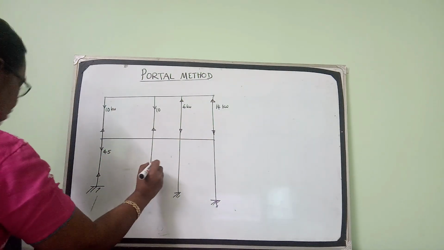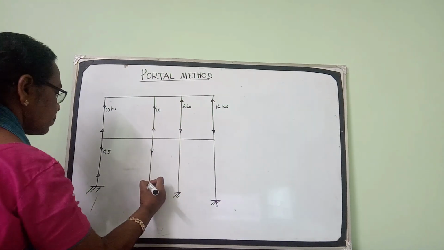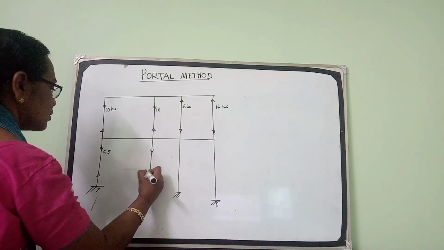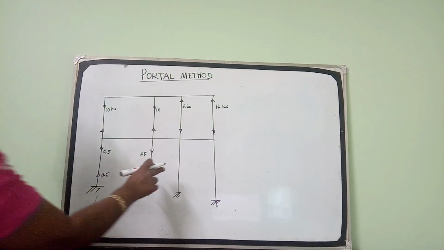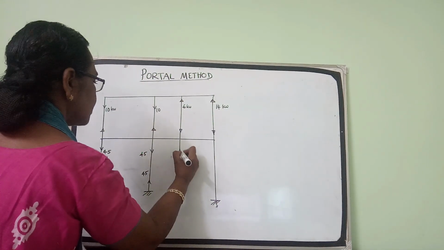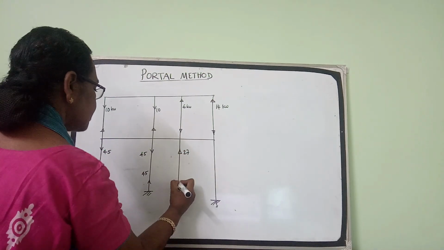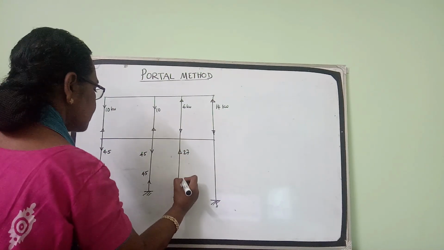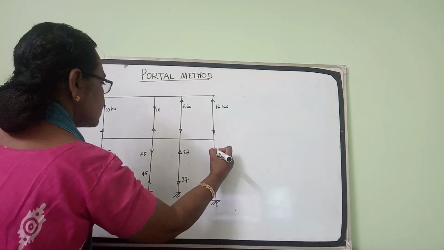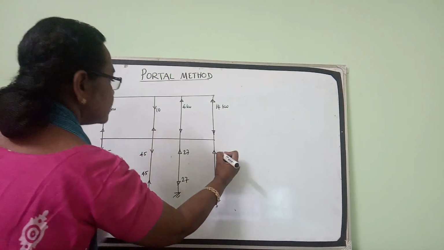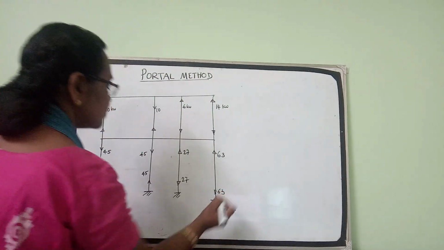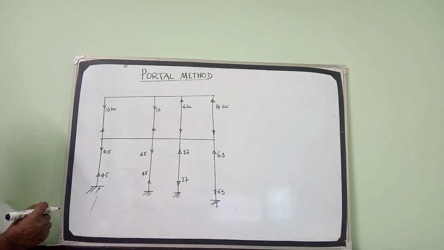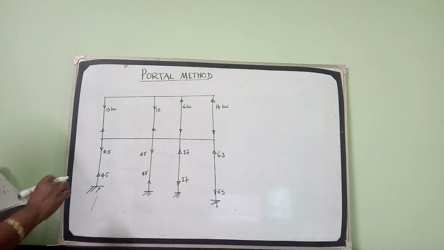Here it was 45. In this column it was 27. Here it was 63. So these are the values of the axial forces in the columns which you have got earlier.